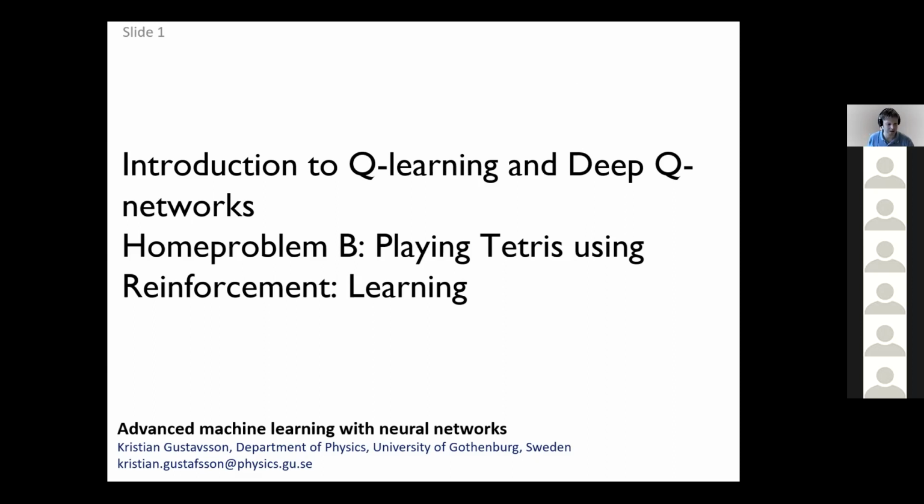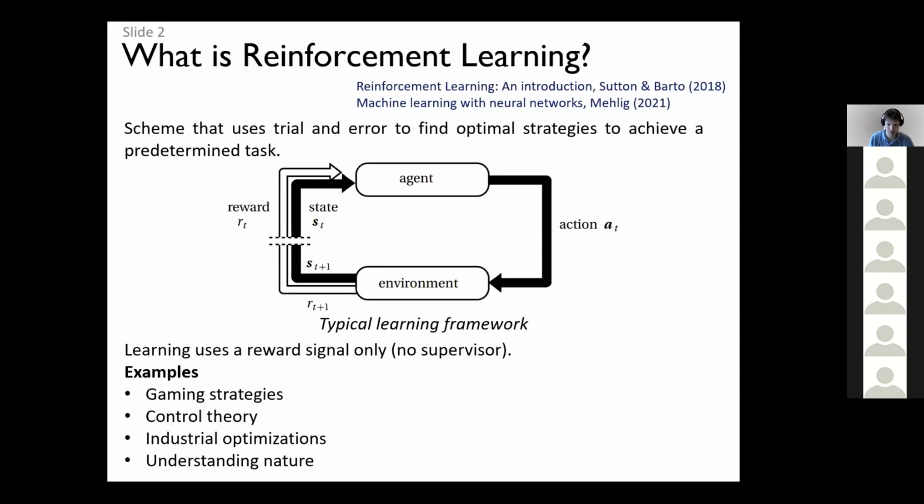So let's start from the beginning. What is reinforcement learning? Reinforcement learning is inspired by how small children learn, that is by trial and error. So you interact with the environment and try different random things.